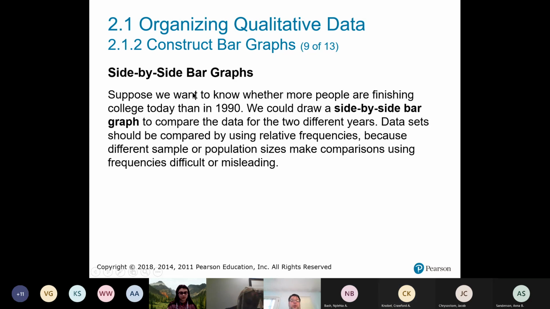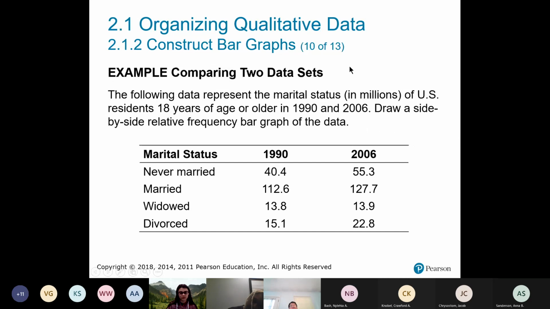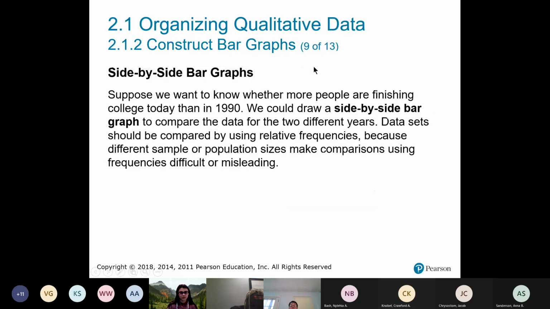All right, suppose we want to know side by side. You don't see side by side unless you have two sets of data. Write that down. Two sets of data with a side by side. Side by side, you usually have two or more sets of data. I don't test you on this, but you might be asked on a standardized test.